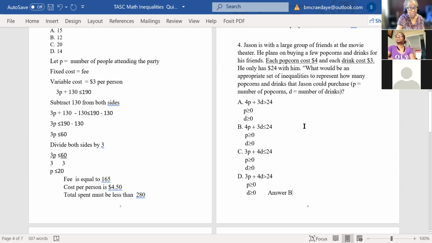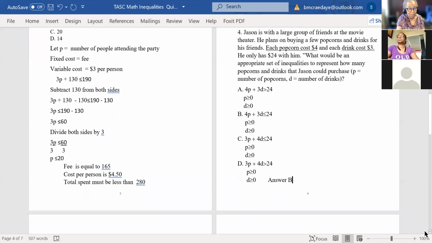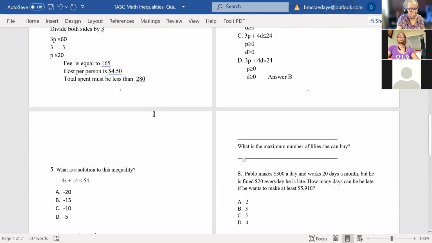Also, when you see something that says greater than, you say, oh, no, it can't be. He can't spend more than $24. It's got to be a less than or equal. That's the setup. Very good. Both of you got that one right. Wonderful. Okay, let's go to number 5.